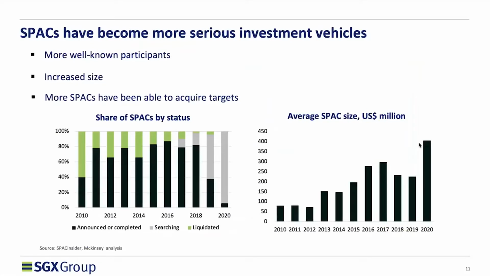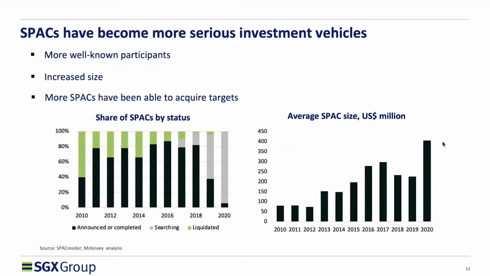The question would probably be, why have we seen more SPAC listings, especially over the past 1 or 2 years? In general, they are seen now to be more serious investment vehicles. We have got more well-known participants who are willing to be involved in SPACs. We have actually seen companies that are willing to get listed through the SPAC route.